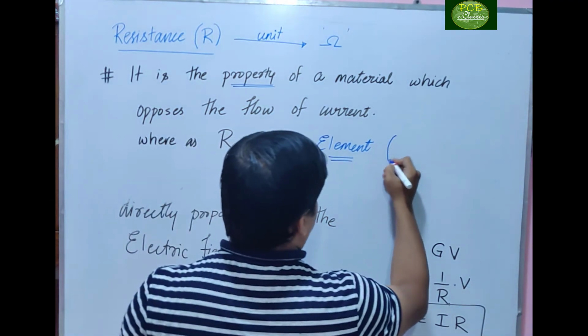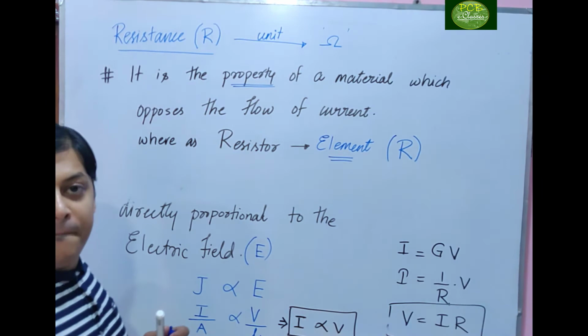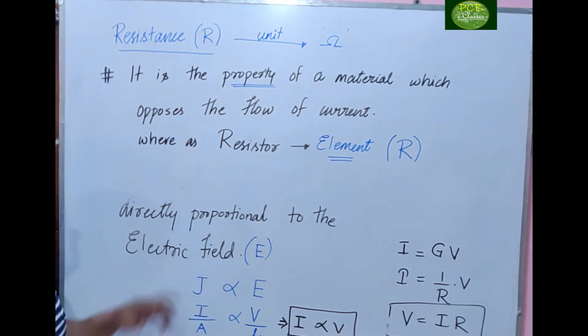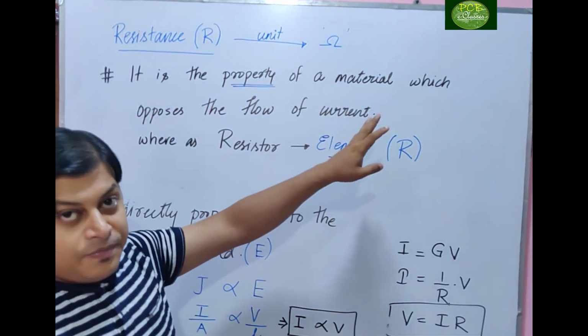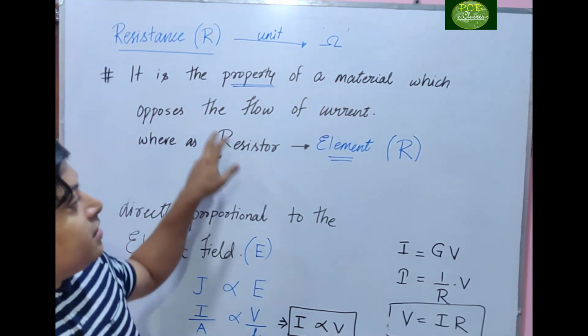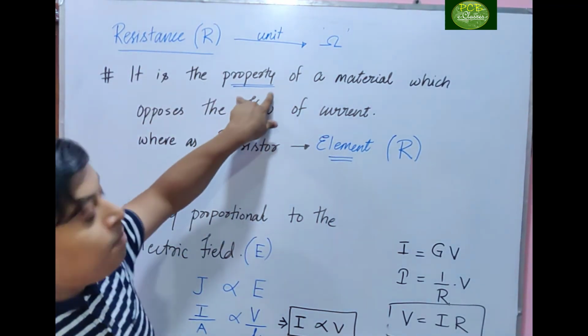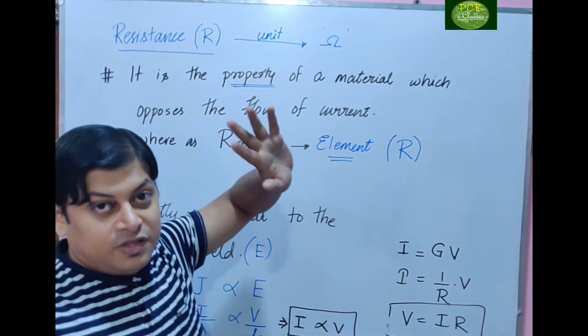It's also denoted as R. Clear? So, what is resistance? It is a property of a material which opposes the flow of current. Whereas a resistor is the element, resistance is the property of the material. Both have a slight difference.